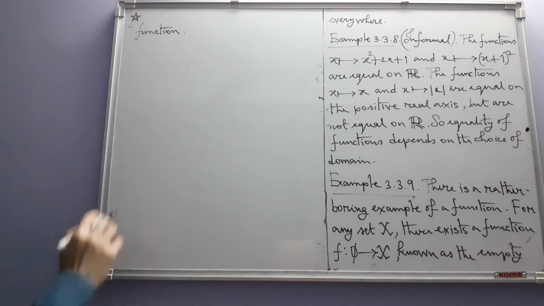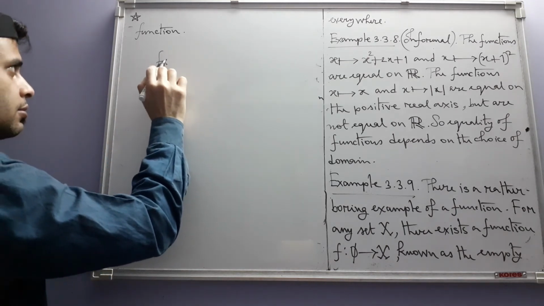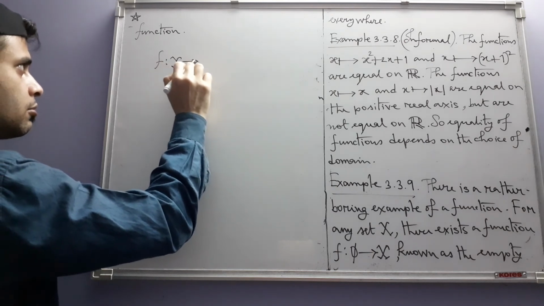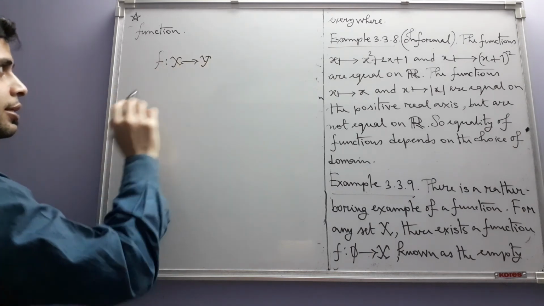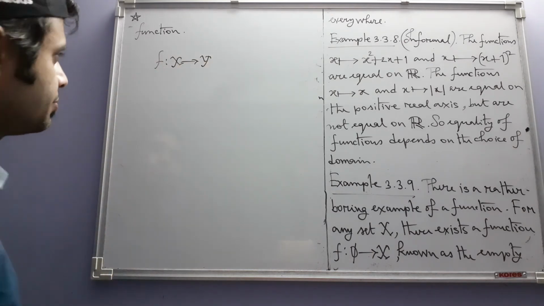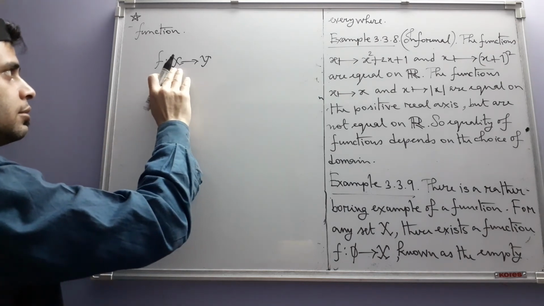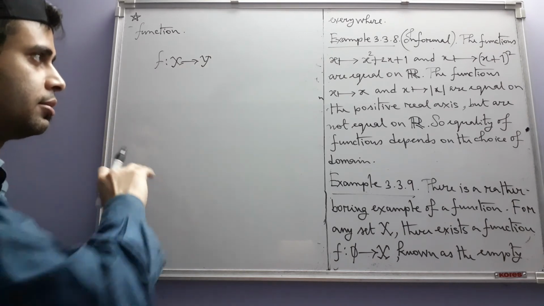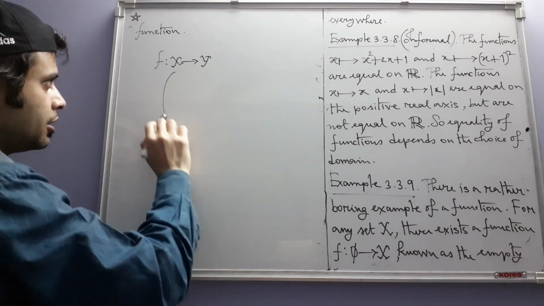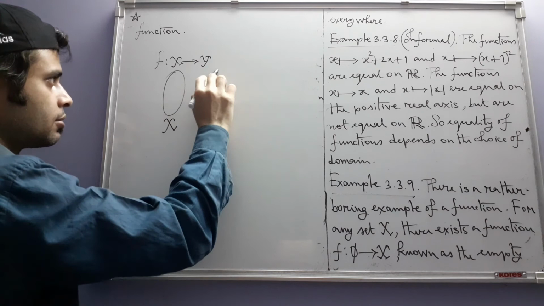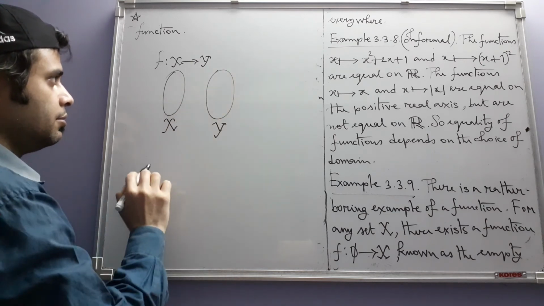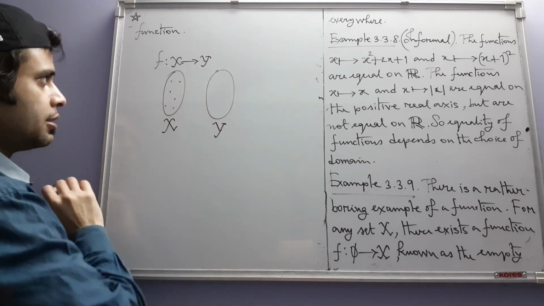You see, when we define a function with say domain X and range Y, we need to say what the function is doing to the elements in the domain. Suppose this is X, this is your Y. Now there are elements in the domain.